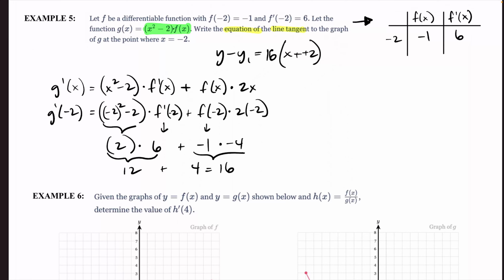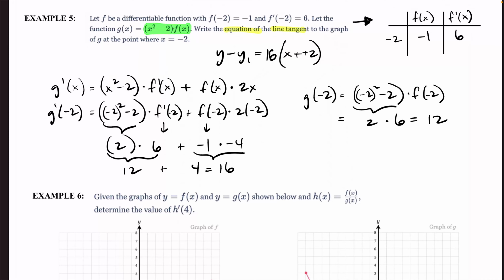Okay. Now, how do I get the y coordinates? Plug in minus 2 to the original. Good. So g of negative 2 equals negative 2 squared minus 2 times f of negative 2. So is it going to be 4 minus 2, which is 2, times f prime of negative 2, which is 6?